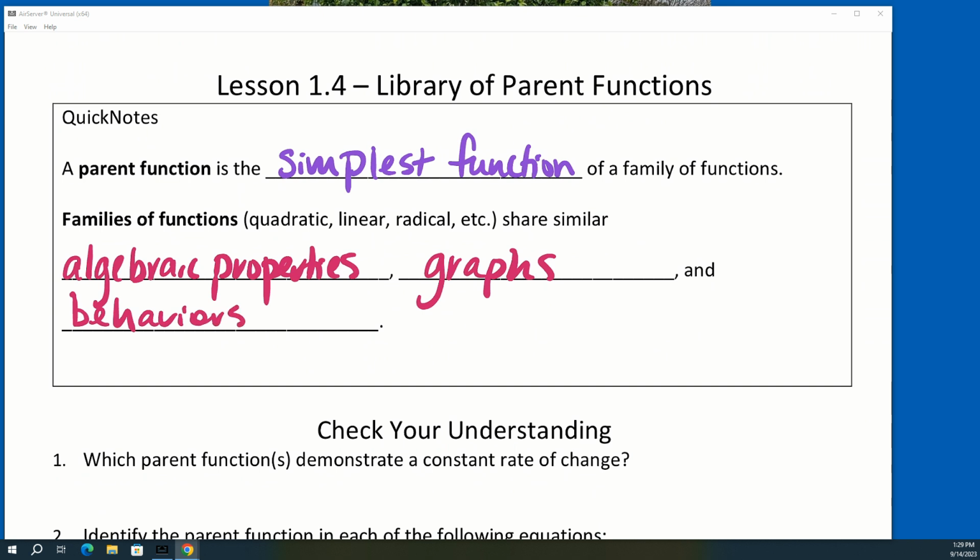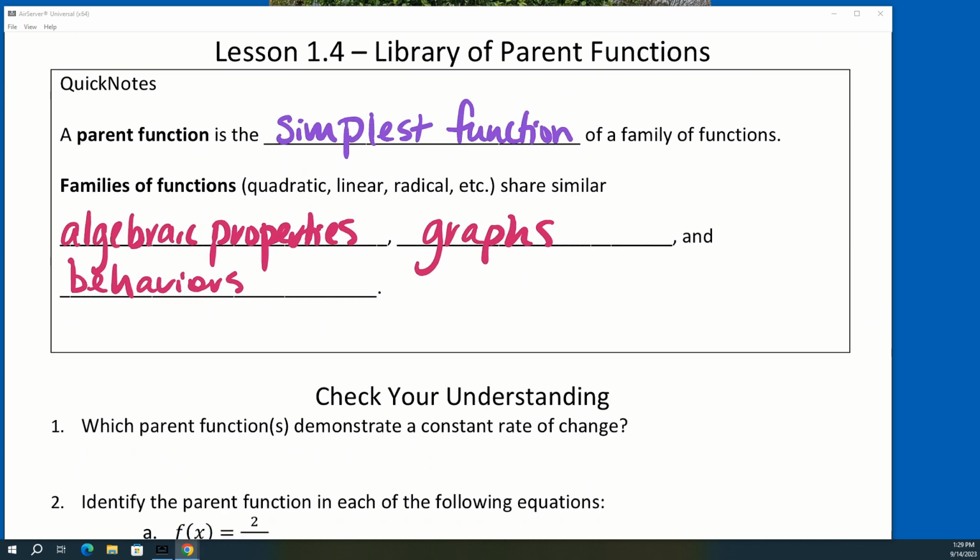And you guys know this, I think. You know all quadratic graphs kind of look the same. They're all parabolas. Now, they could be flipped over or stretched or shifted, but they all have the basic shape. Same thing with absolute value. They're all going to be V-shaped. They just might be moved around. And they'll have similar behaviors and similar properties.